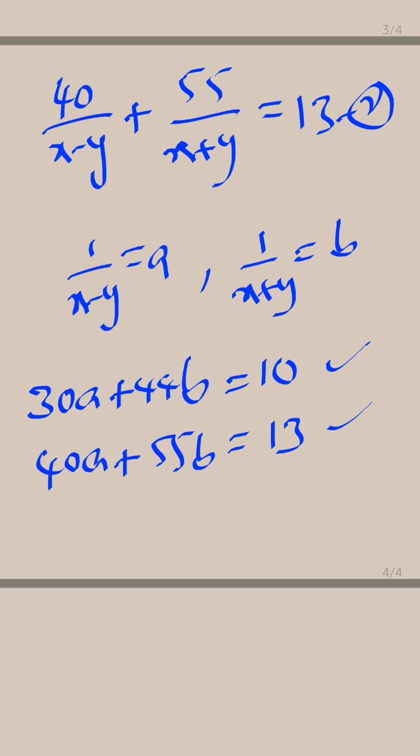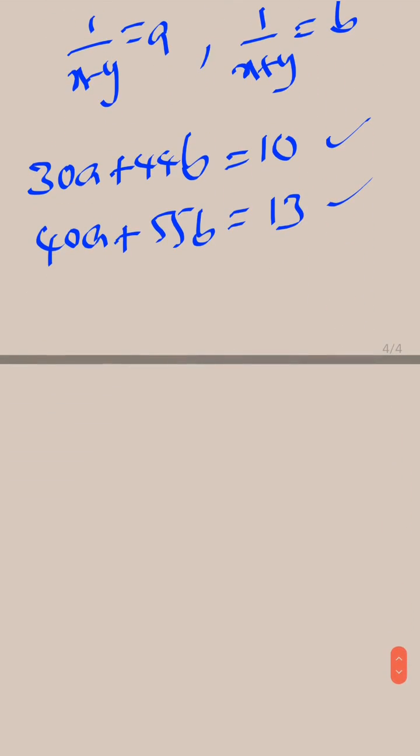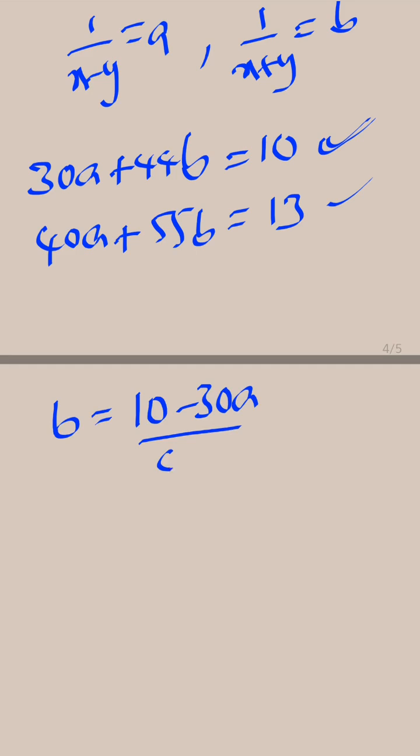First, here I am using the substitution method. For the substitution method, I'll take this equation and use it to find the b value. So b is equal to 10 minus 30a, divided by 44.